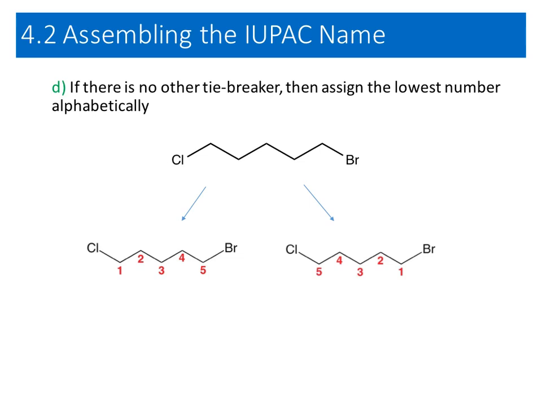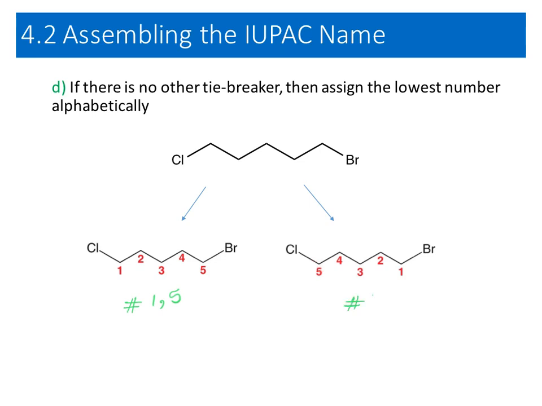Sometimes the previous rule cannot break the tie. In this situation, we will assign the lowest number possible alphabetically. So here is the structure. It has 5 carbons. I can number from left to right and right to left. So in this numbering pattern, the first substituent gets number 1 and the second one gets number 5. In the other numbering pattern, the first substituent gets number 1 and the second one gets number 5.